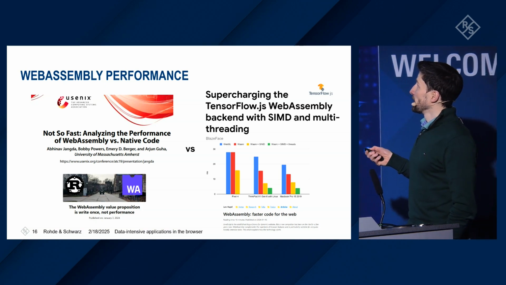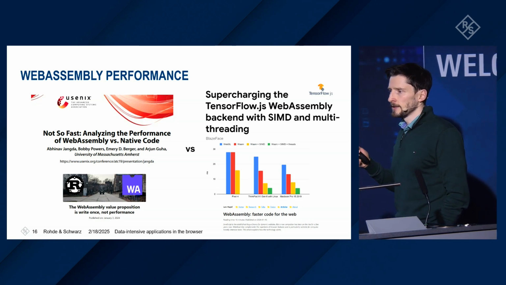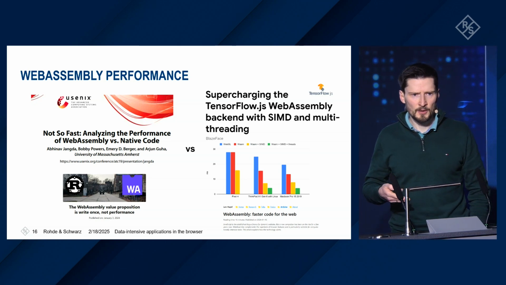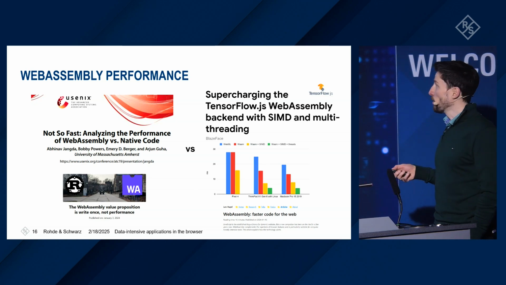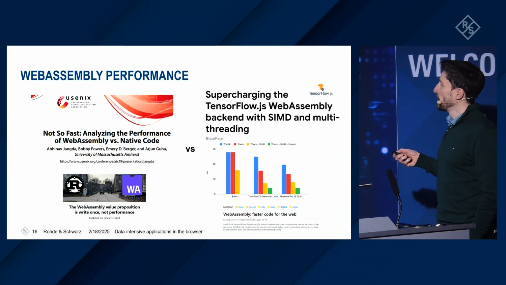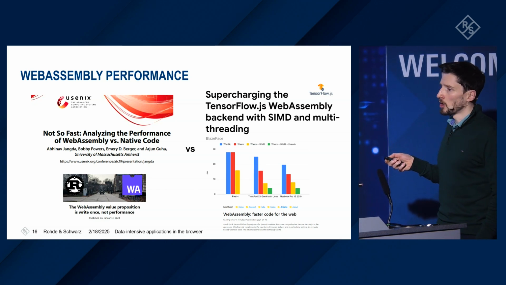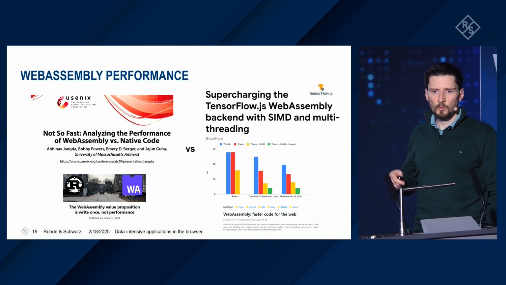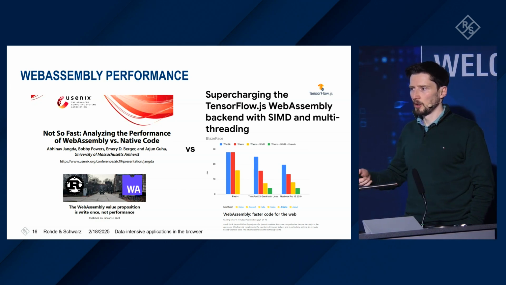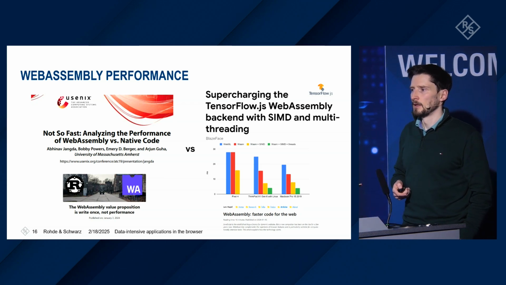But if you take, for example, TensorFlow.js, they are really seeing a massive speedup when using WebAssembly combined with SIMD. They even outperform WebGL on smaller models and are competitive on even large models with executing the code via WebGL on the GPU.